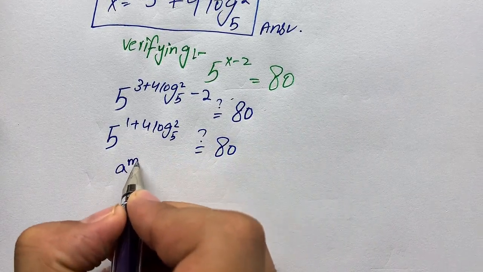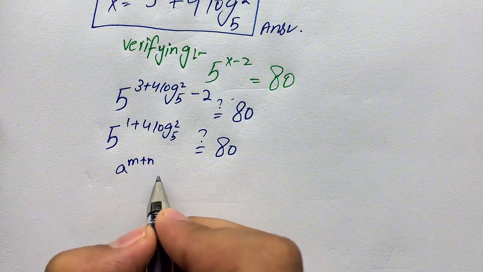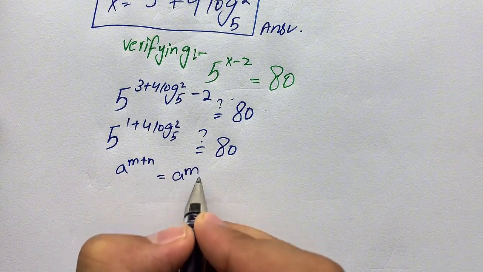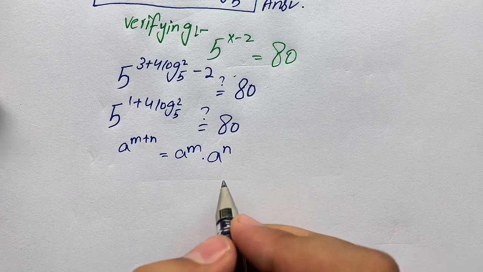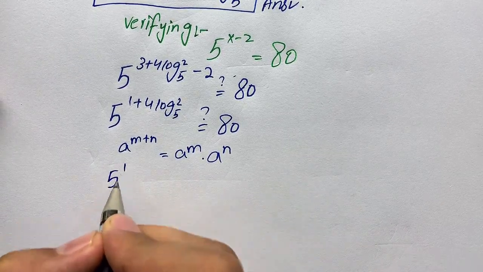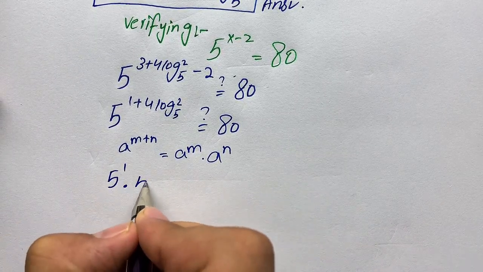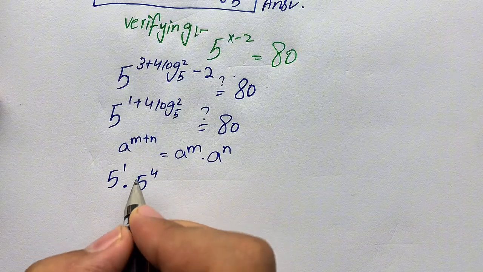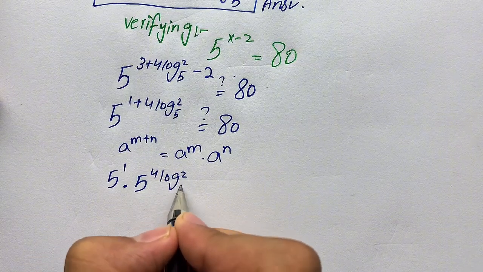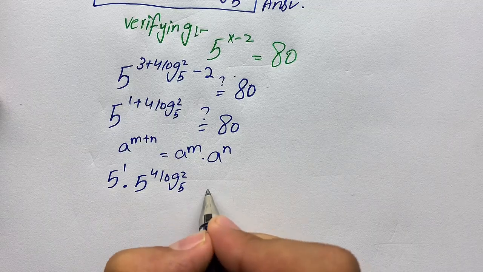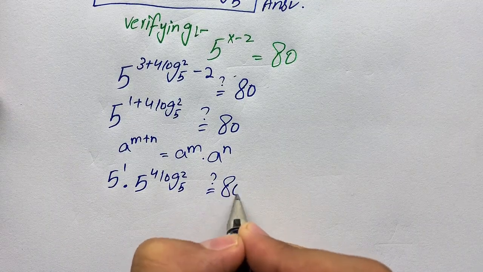Using a to the power m plus n is equal to a to the power m into a to the power n, this will be 5 to the power 1 into 5 to the power 4 log of 2 base 5 is equal to 80.